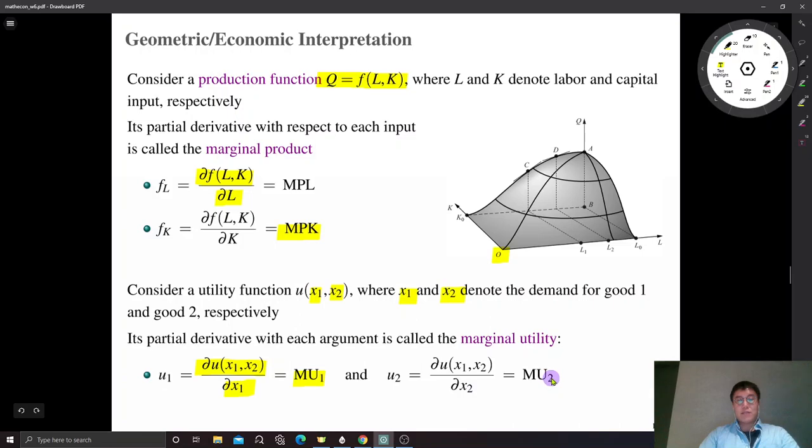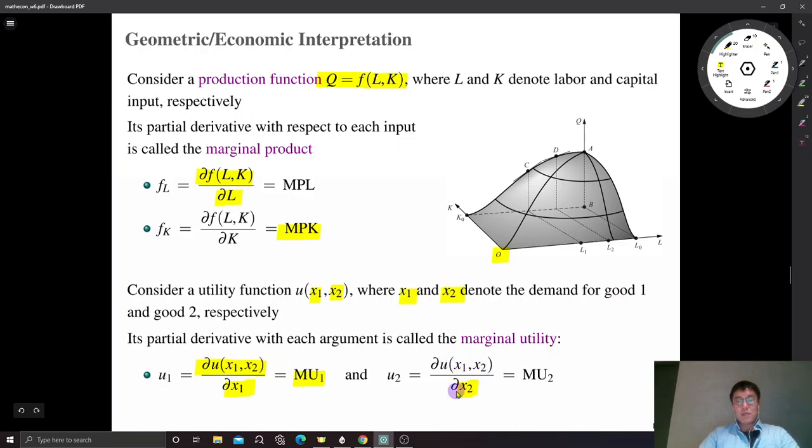Okay, interpretation: now the consumer purchases 1 more unit of good 2. Okay, and then x1, the demand for good 1, is fixed by some constant. So it is held constant.